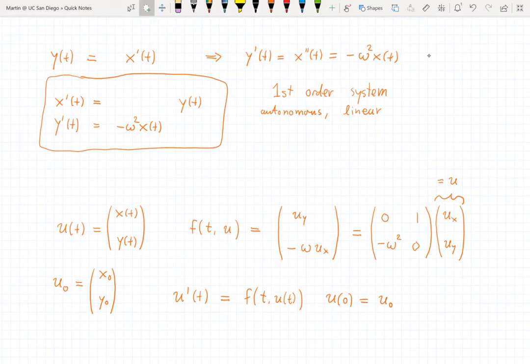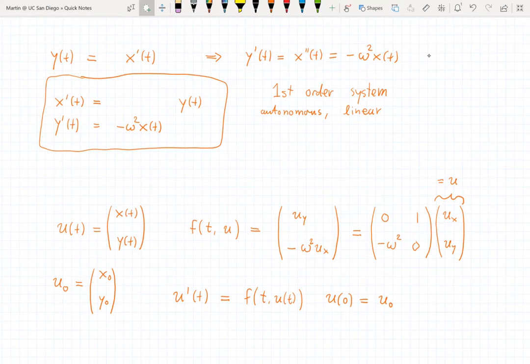Namely, the first component of the vector is the second component of u. The second component of the new vector is negative omega squared times the first component of u. In other words, the first component is the y-coordinate of u, and the second coordinate is just the first coordinate of u multiplied with negative omega squared.